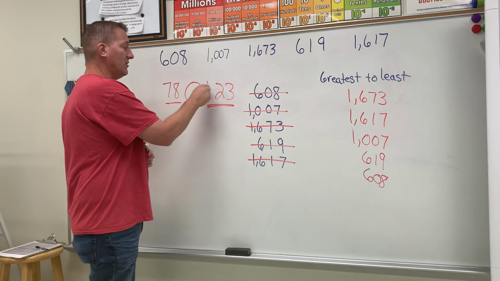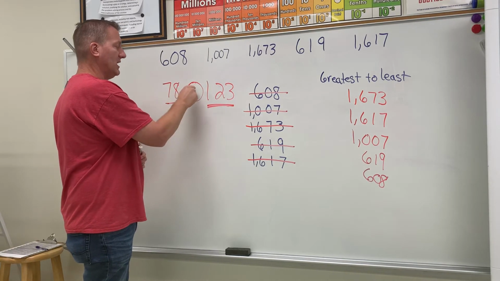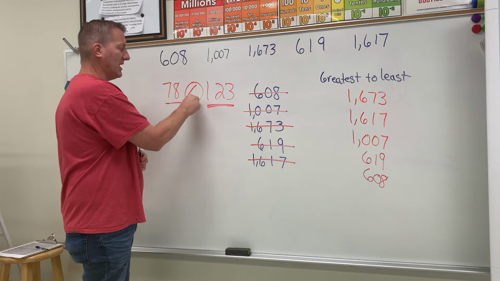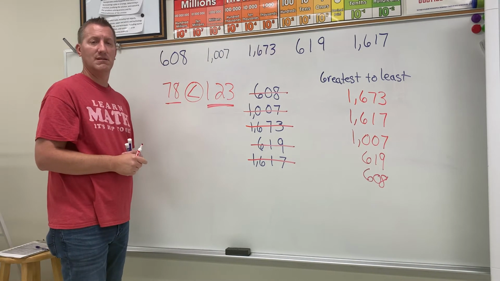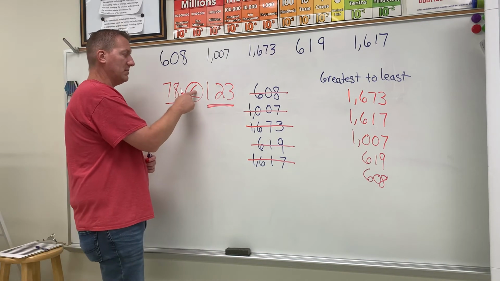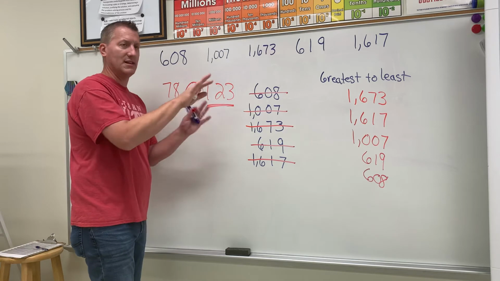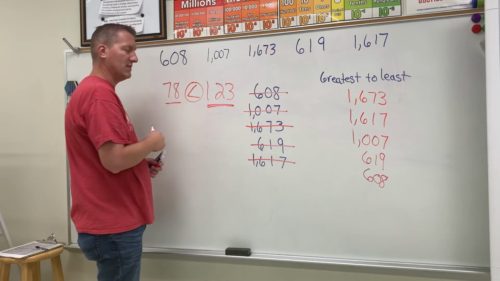So hopefully you realize that the 1 is greater than 0 over here, so you will put the greater symbol toward the 123. You know, some people say that's like an alligator. The alligator wants to eat the biggest number, so you face it toward that.